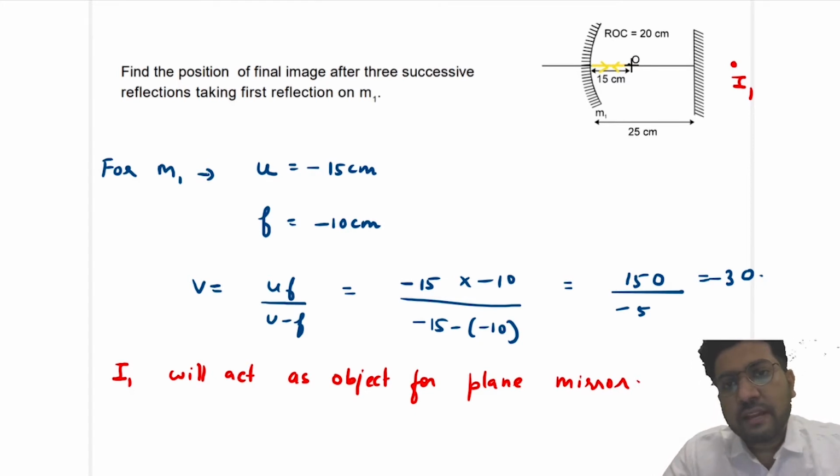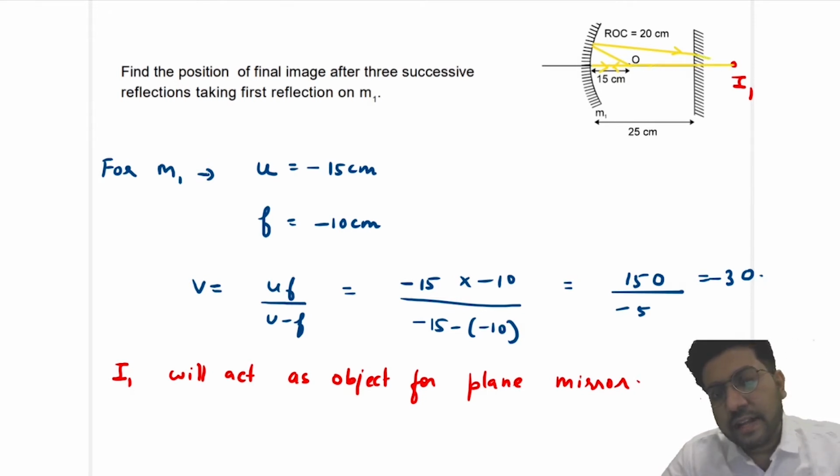And one more ray, if I draw, the center of curvature is somewhere here. So if I draw a ray like this, it will reflect like this. Now this reflected light and this reflected light were intersecting at this point.